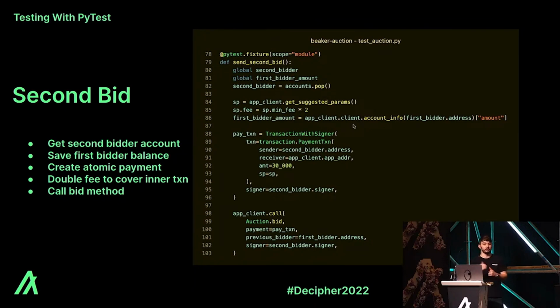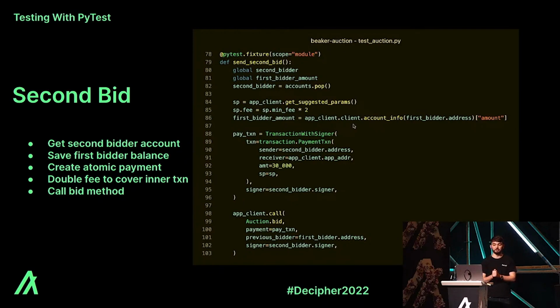If you remember, we set our inter-transaction fee to a hard-coded 0, and what we're doing here is doubling this outer fee so that the 0 transaction fee is made up for in this outer transaction call, which is why we're doubling it. We're also getting our first bidder amount.